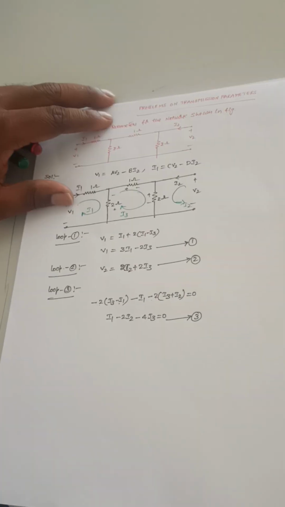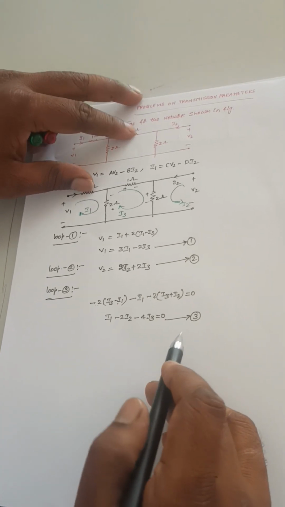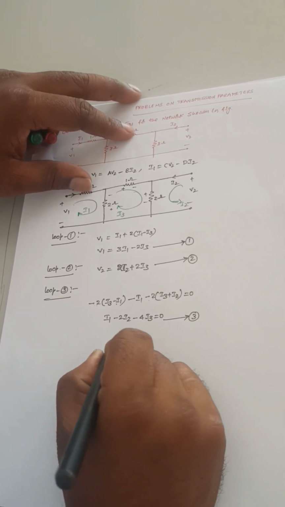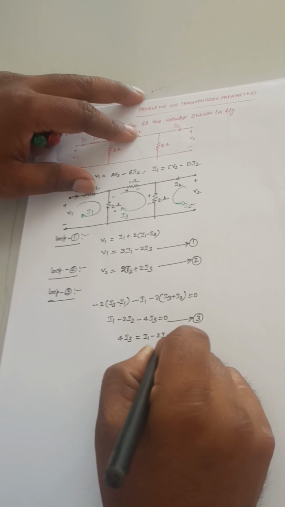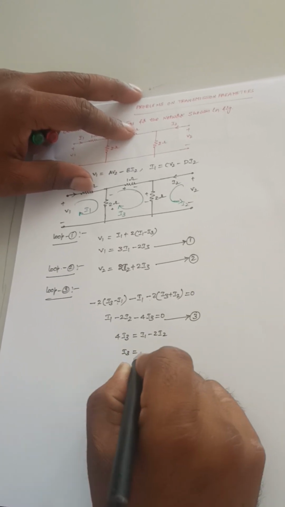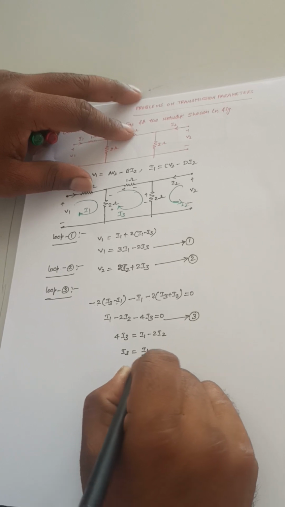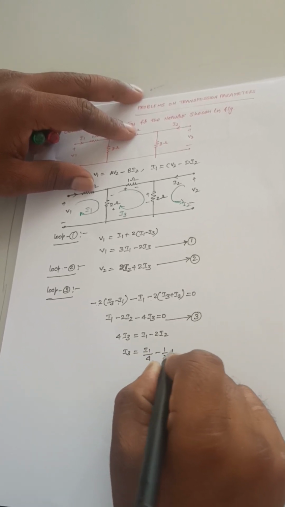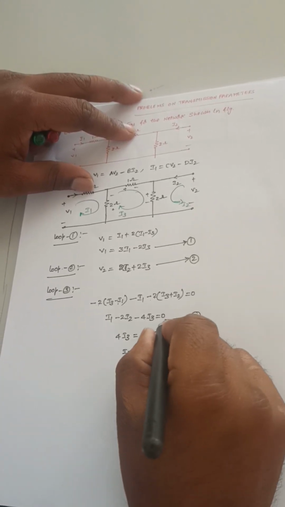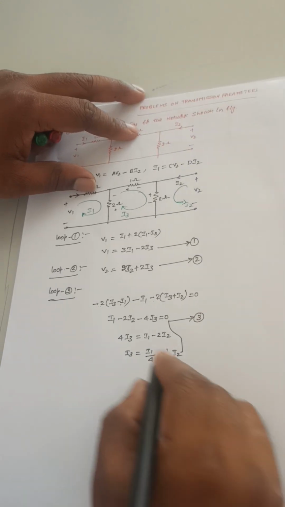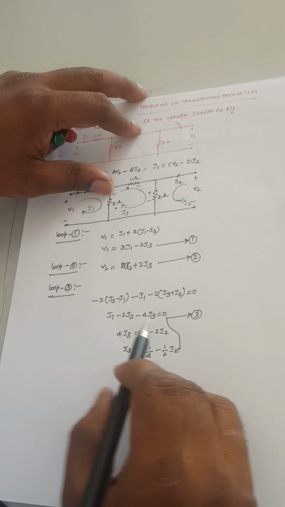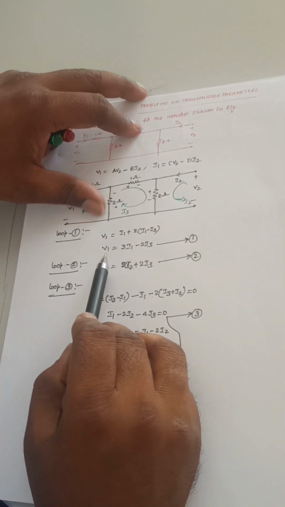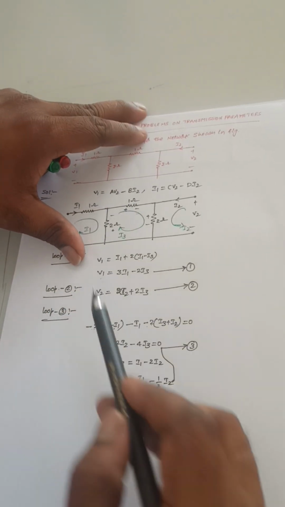And use this equation number 3. 4I3 is equal to I1 minus 2I2. So I3 is equal to I1 by 4 minus 1 by 2 into I2. So let us represent this as equation number 3.